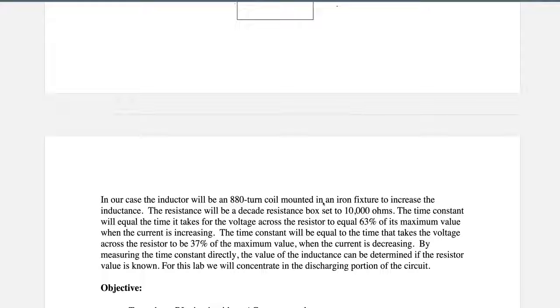The time constant is the time it takes the voltage across the resistor to reach 63% of its maximum value, or, when decreasing, 37% of the maximum value.